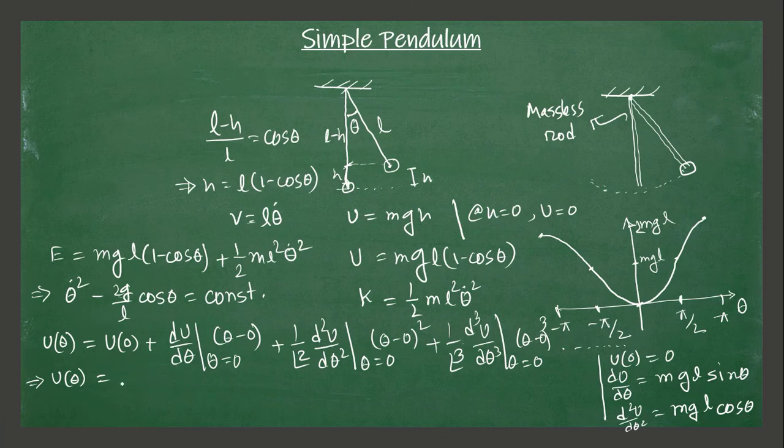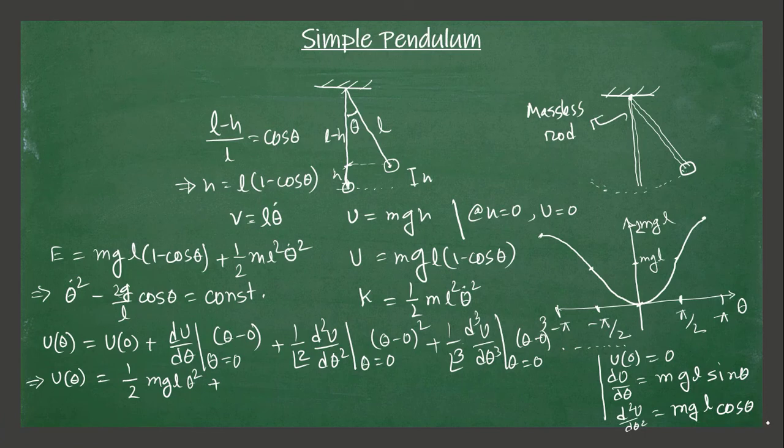So let us put that value here again. Half mgl, and here is theta squared plus, then this is the next term, and for this term, if we set theta equals 0, it should return us 0, right? Because here we have cosine of theta, and if we differentiate it again, it will give sine theta, and sine 0 equals 0.